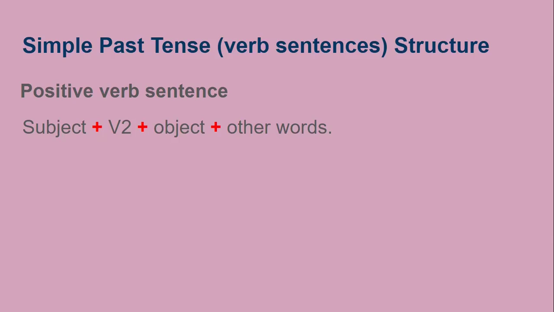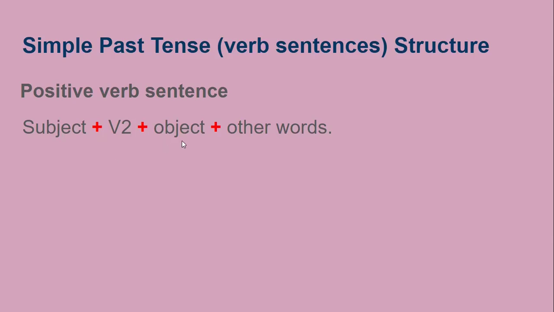Please be on the lookout for that video. But for now, just know that the V2 represents the past form of a verb. Okay? Now, we've got a list of regular verbs and a list of irregular verbs. So you might want to learn those two lists.